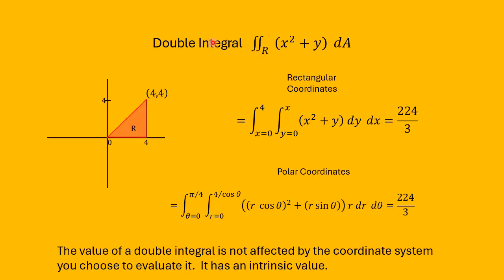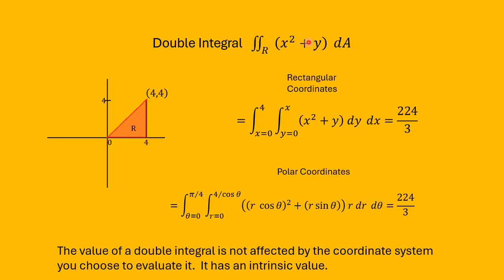In this video, we considered examples involving the integral over a triangular region of x squared plus y dA. And the triangular region R, in this case, was this triangle. It's a right triangle with base equal to 4 and the height also equal to 4.